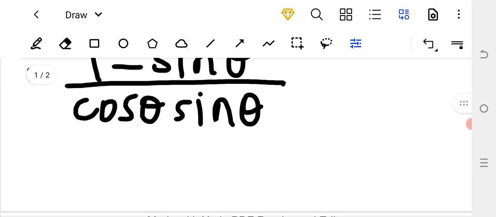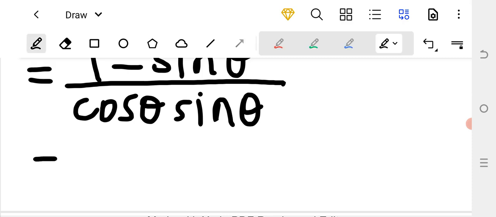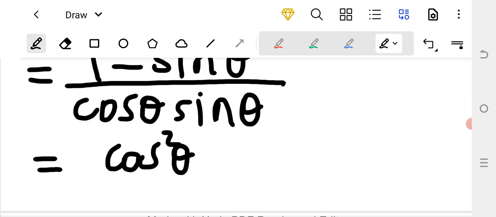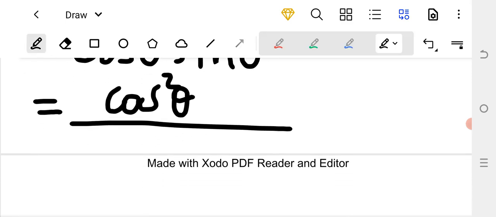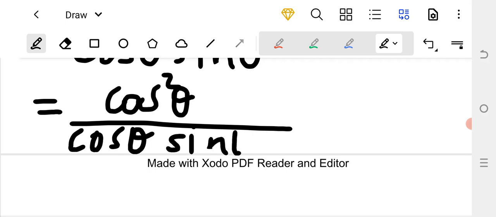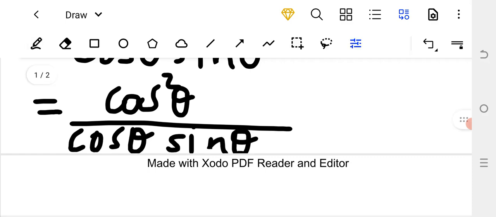We are going to say is equal to cosine theta squared divided by, you maintain the denominator, cos theta sine theta. So cos theta squared divided by cos theta sine theta.